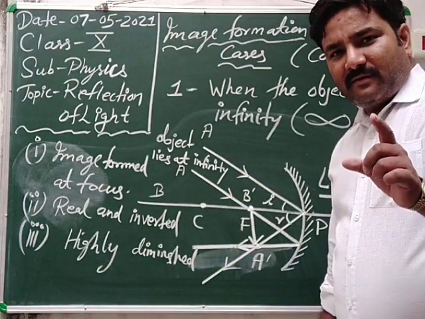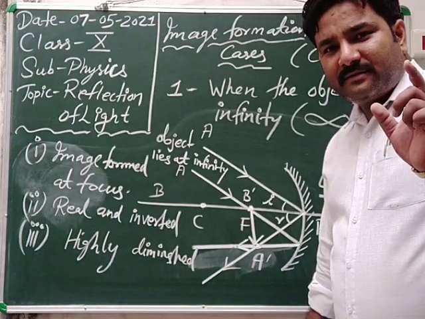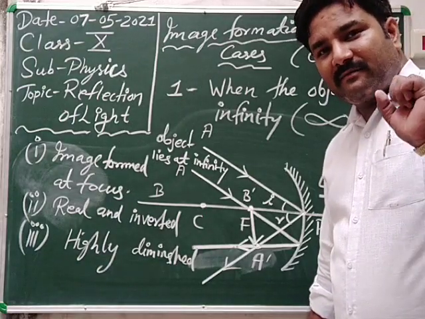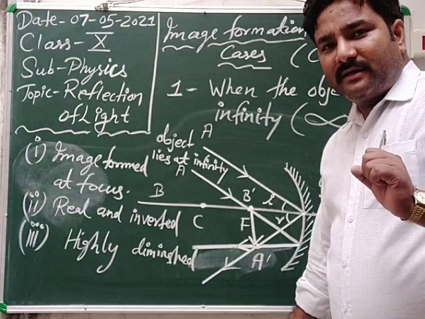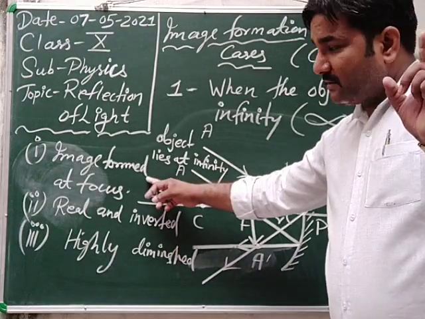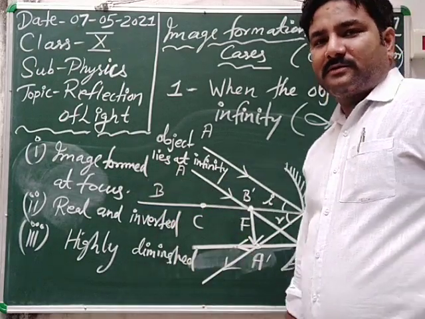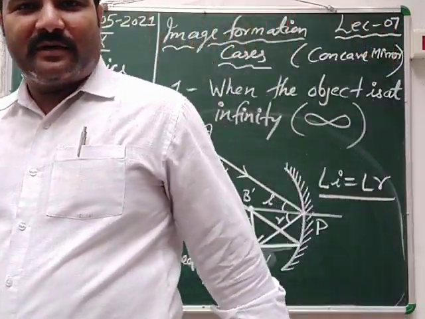In the first, when the object lies at focus, the image was highly magnified, not highly diminished, but here it is highly diminished. Clear? And in the first, the image was formed at infinity, not focus, and here the image is formed at focus. So these two cases are just complementary to each other.